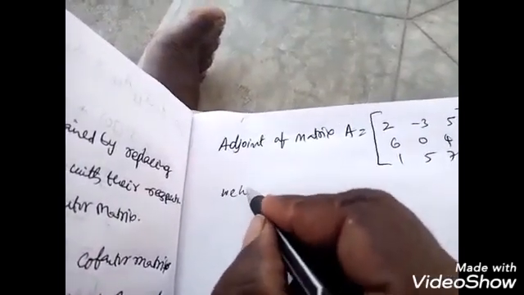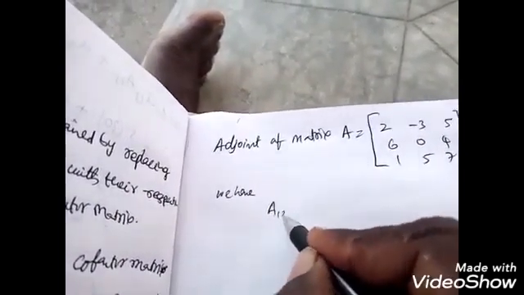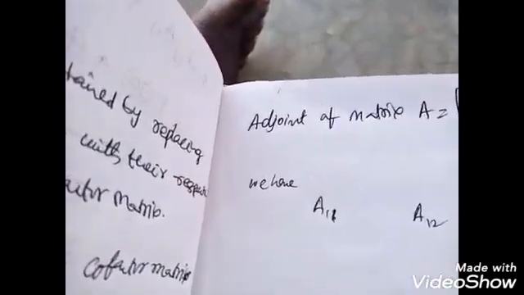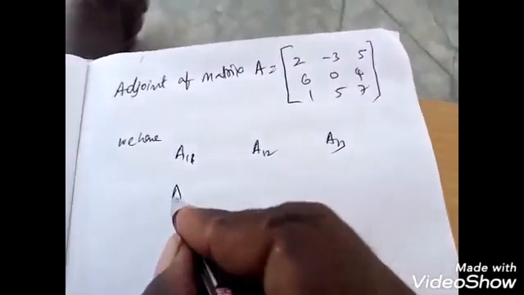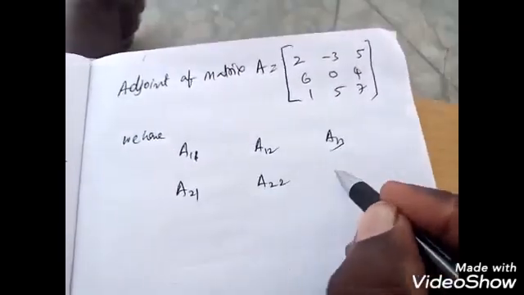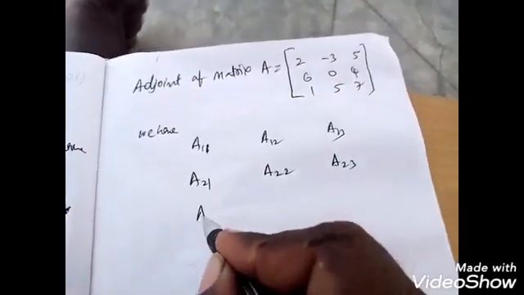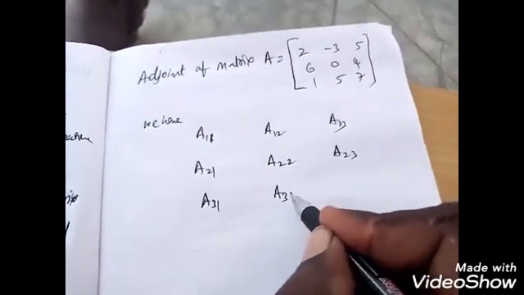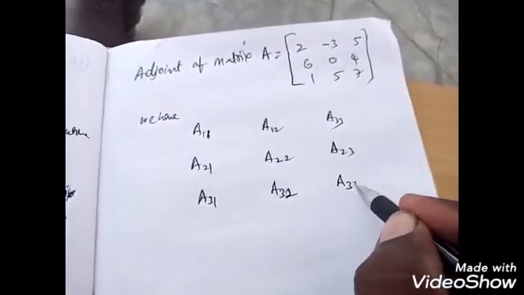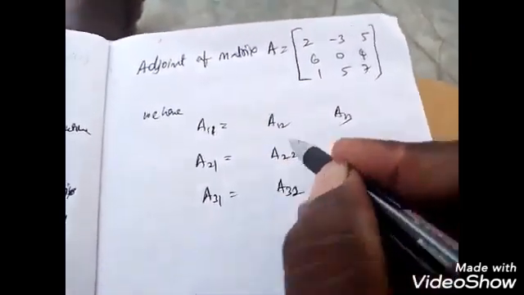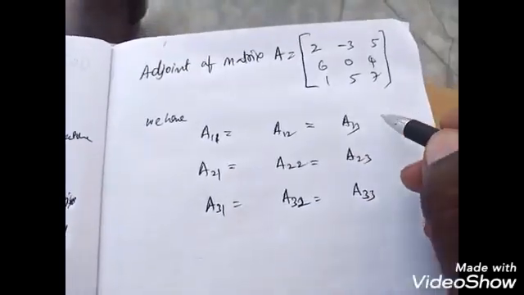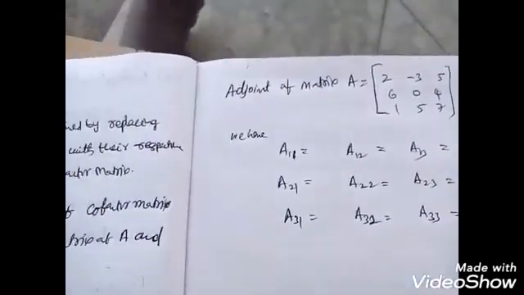Here you have to solve everything as in the previous example, but I am taking the values directly. That is, we have A11, A12, A13, A21, A22, A23, A31, A32, A33.